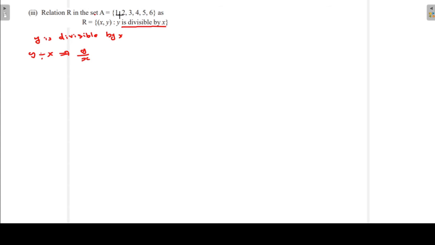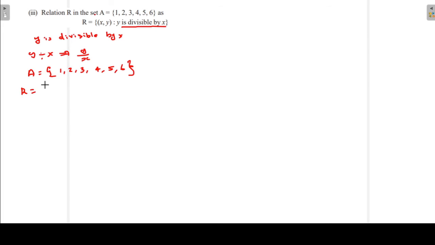So using the first element, you can divide the second element. So A is equal to the set {1, 2, 3, 4, 5, 6}.